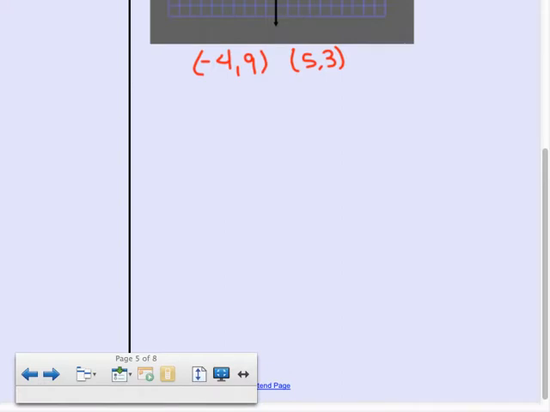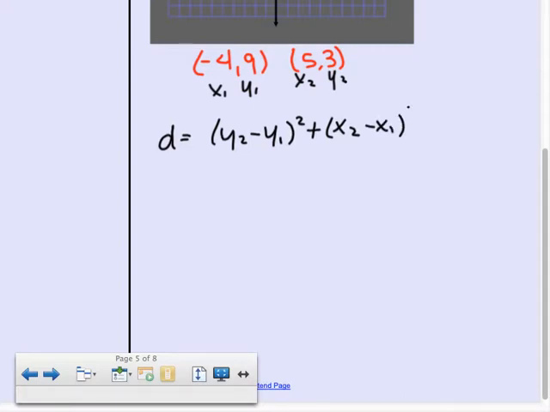I always like to start by labeling the points x1, y1, x2, y2. Again, it does not matter which one you label x1, y1 and which one you label x2, y2. If you think it's helpful, you can rewrite the distance formula every time to remember all you're doing is replacing those values.